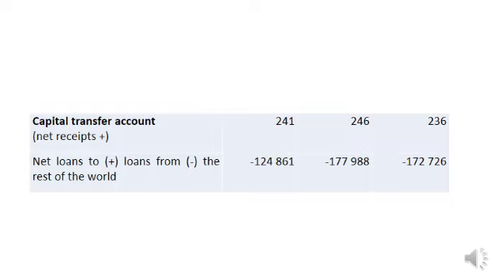So any loans, any transfer of ownership of fixed assets, any debt write-offs, and if there are people moving away from South Africa or moving into South Africa, all the transfer of their financial as well as physical assets, and then any financial claims and responsibilities of migrants.